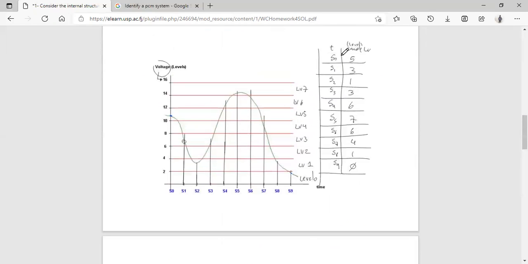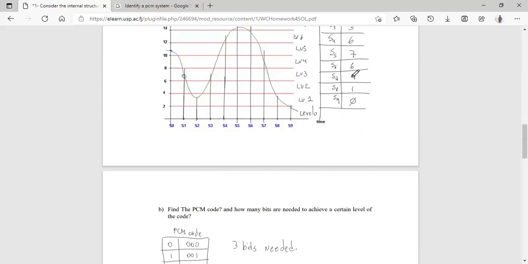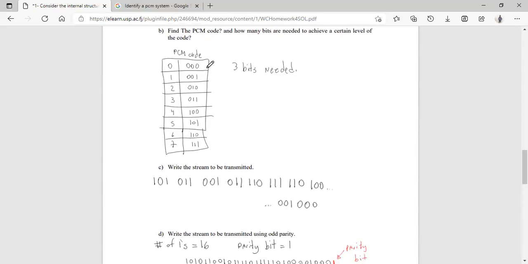The next one is sample 1. Sample 1 value is 3, so the corresponding PCM code for 3 is 011.